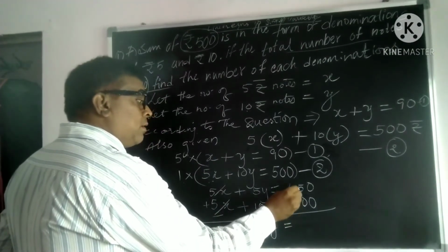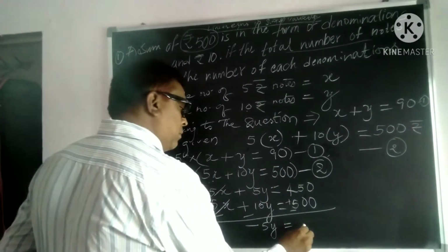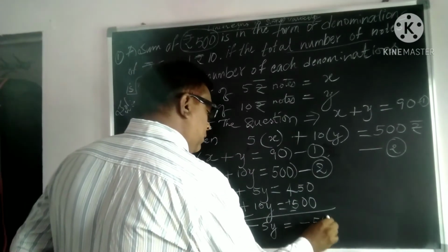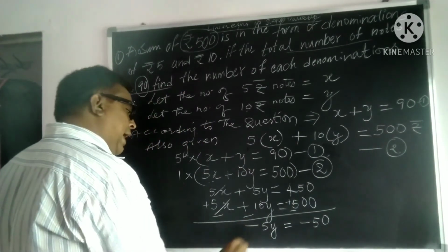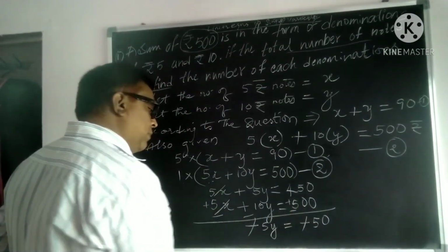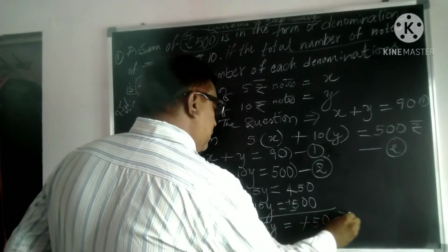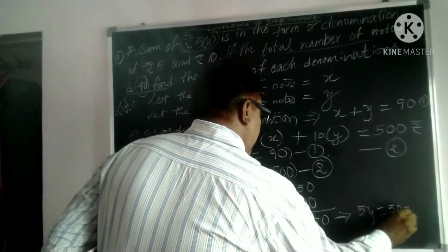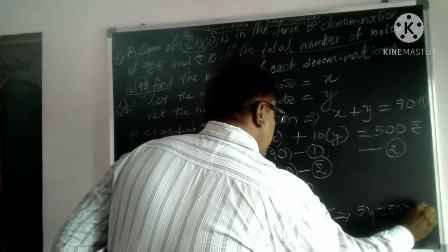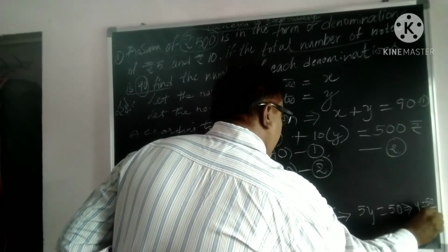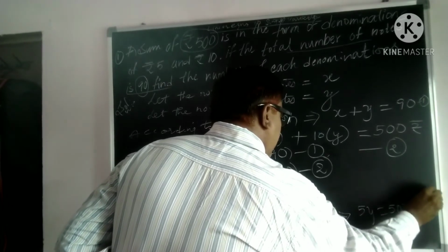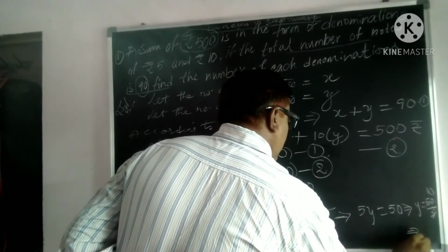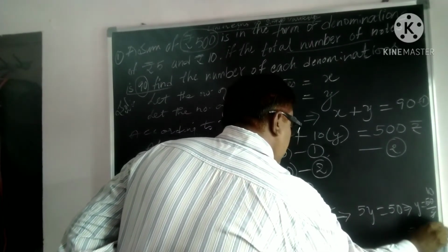Minus 500 plus 450 is minus 50. Cancelling the minus signs, we get 5y is equal to 50, which implies y is equal to 50 by 5. 50 by 5 is 10. So we got the y value as 10.